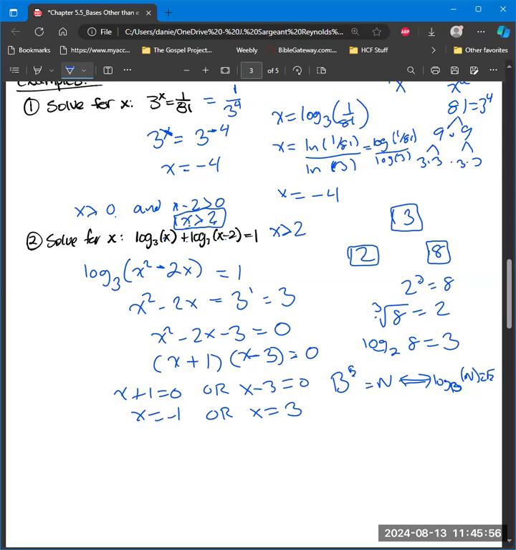Now we just said that we don't want any answers that are less than or equal to 2. So negative 1 is less than or equal to 2. It's not in the domain of the original.